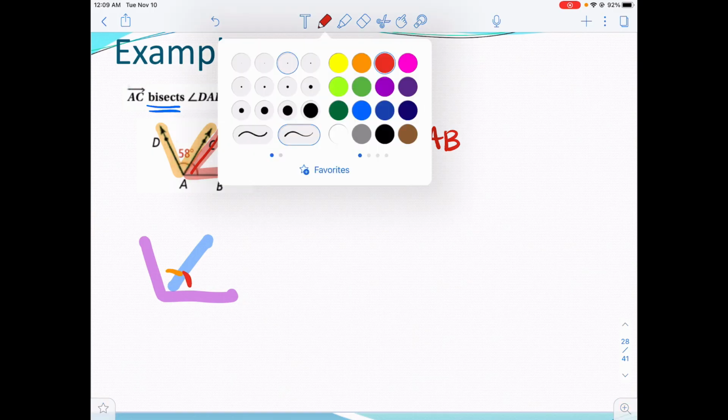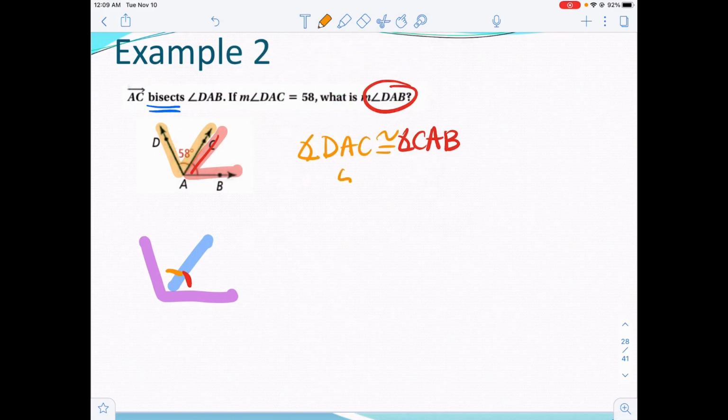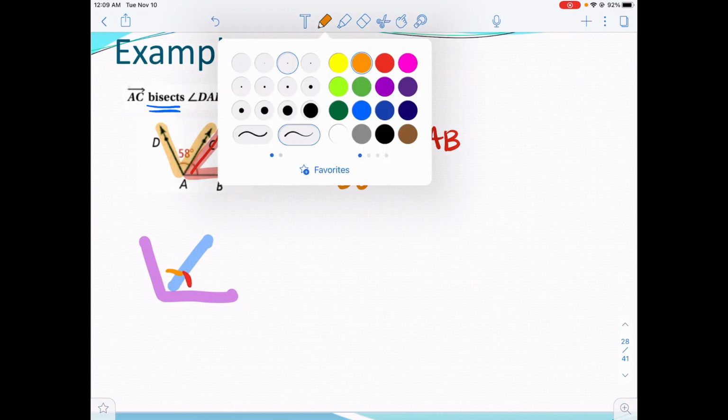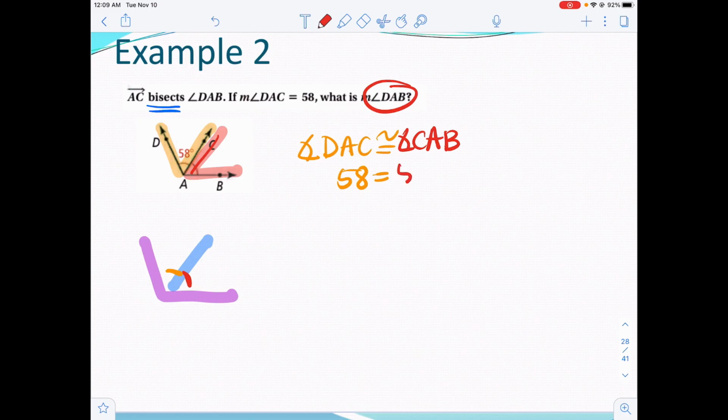And if I know what angle DAC is, which is 58, then I know that angle CAB is also the same. Now at this point, I'm going to let you go ahead and press pause so that you can try to figure the last part out. I'm not going to help you with that just because it's kind of similar to the previous problem, which is using the angle addition postulate.